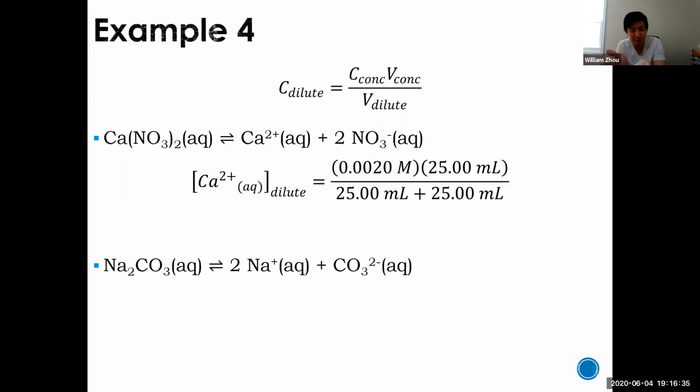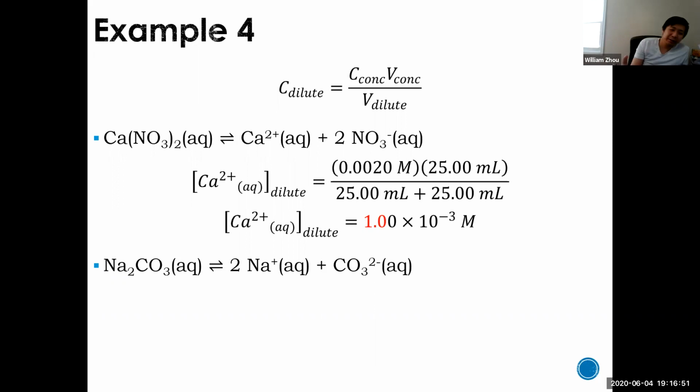So individually, you're 25. The total volume after the dilution is just the sum of the two, so 25 plus 25. You do the math, it is 1.0 times 10 to the negative 3 moles per liter. That is the dilute concentration after you mix the two things together. Okay, does that make sense? This didn't achieve equilibrium yet. You just mixed them together. You diluted them, no equilibrium yet. This is the initial diluted concentration.